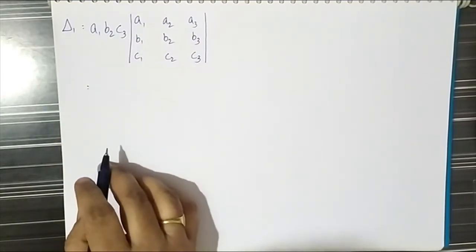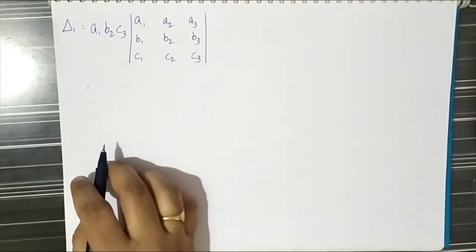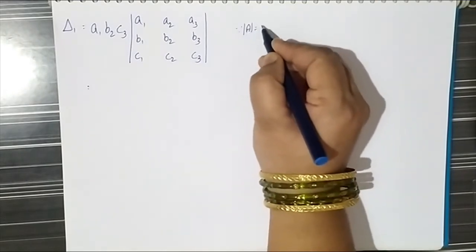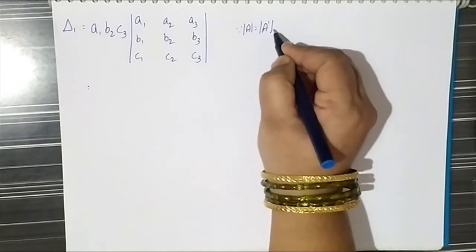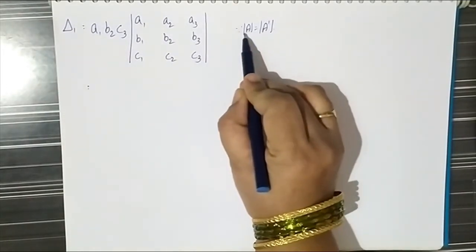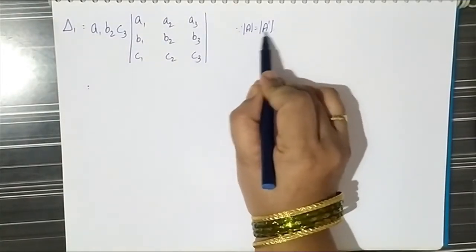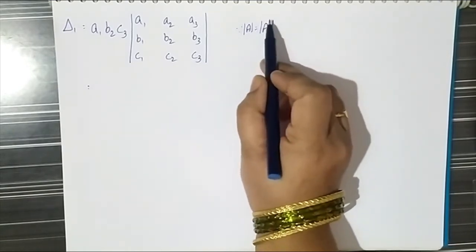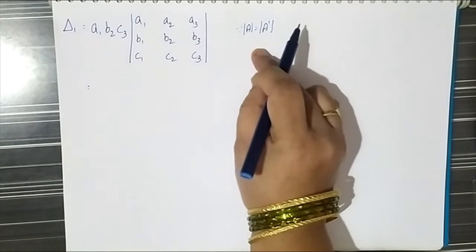we already know one of the properties of a determinant is that determinant A is equal to determinant A transpose. The determinant value of the matrix is equal to the determinant of that matrix's transpose.